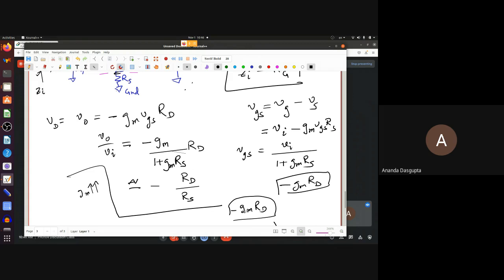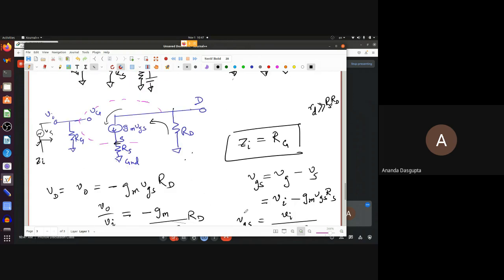If you leave part of it unbypassed, then you can still get a reasonably large gain, smaller than what you would have without the RS, but still reasonably large, which is much more stable compared to the gain that your bypassed RS or the fixed bias circuit would have given you. So there are reasons why you may sometimes want to sacrifice the gain to at least get some more stability.